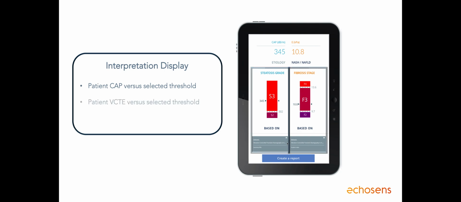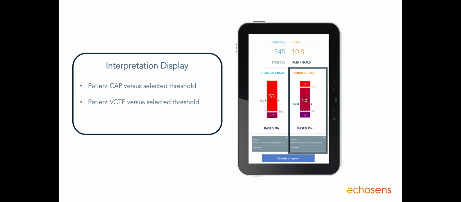On the right-hand side, you can see that based on Eddowes et al. Youden's index priority as our threshold for liver stiffness, this would be an F3 based on our patient's test value of 10.8 kilopascals.